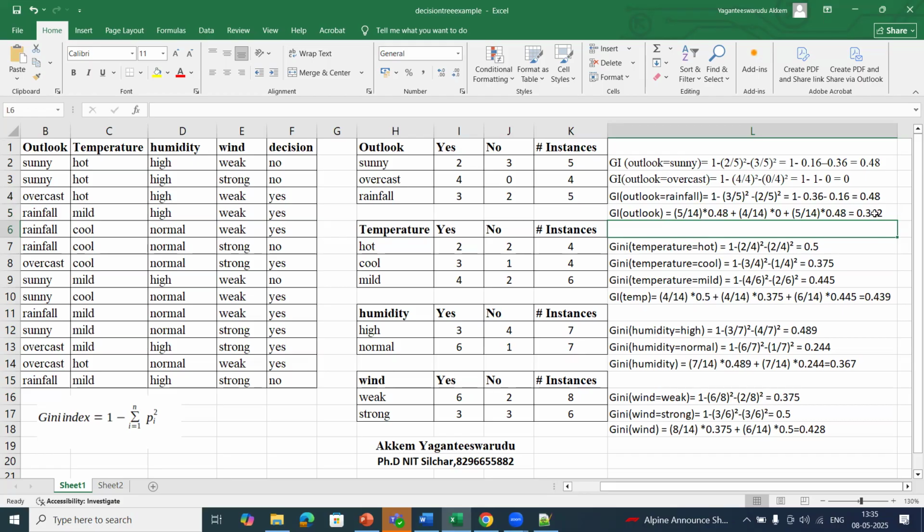Just use your calculator or an Excel formula. So the final Gini index for outlook is 0.342.